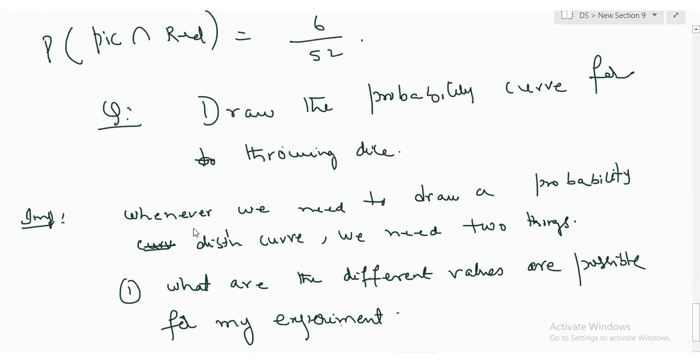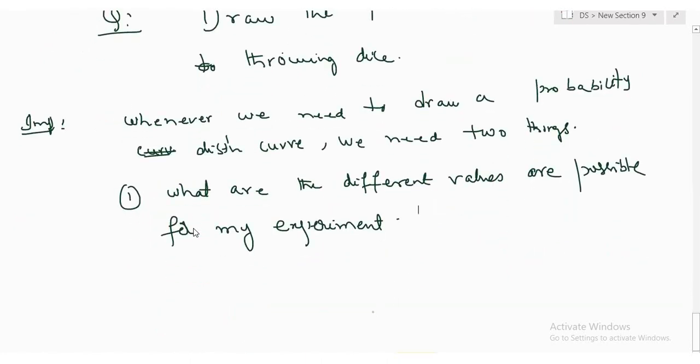Two, its probabilities. These two things are required to draw.